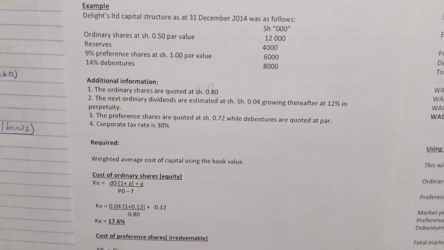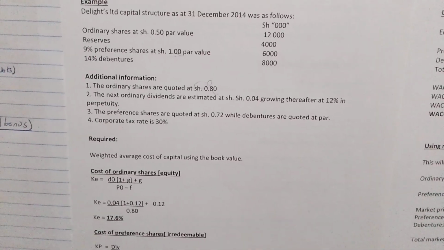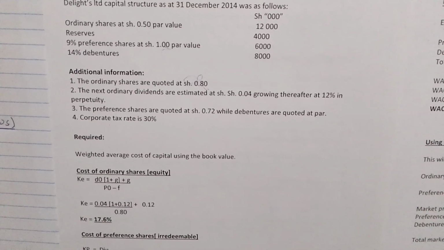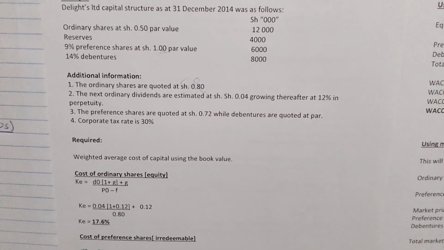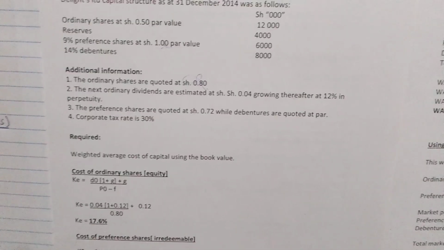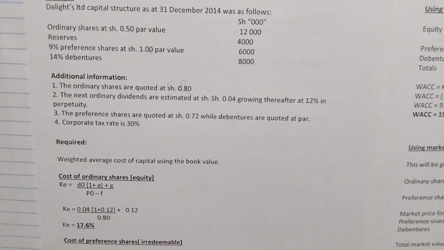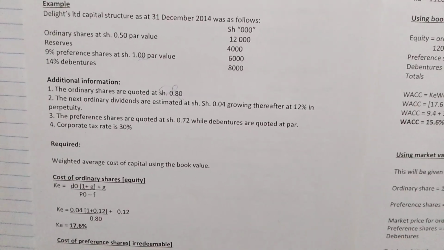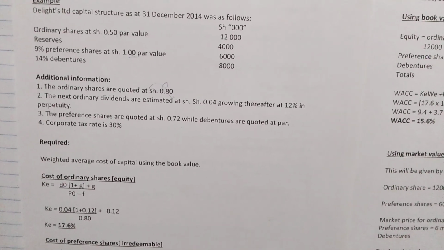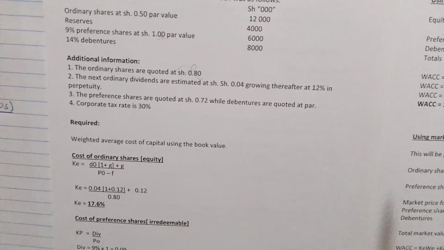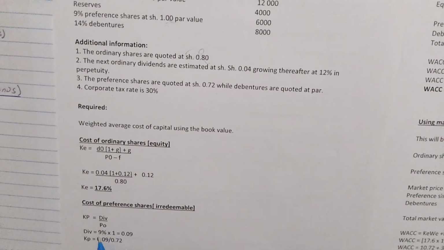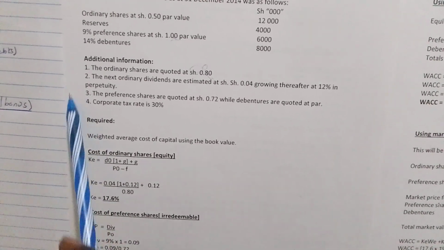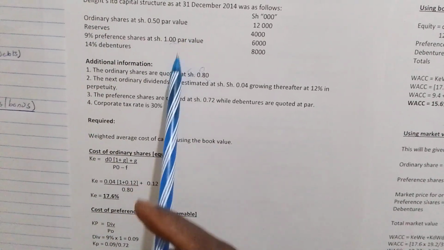If we were to pay dividends based on the market value, then there is a problem with predictability. We should pay dividends based on the par value, something that we can predict. We should be able to predict the dividends that we pay within a certain period. That's why you've said dividends to be paid is 9% of 1.